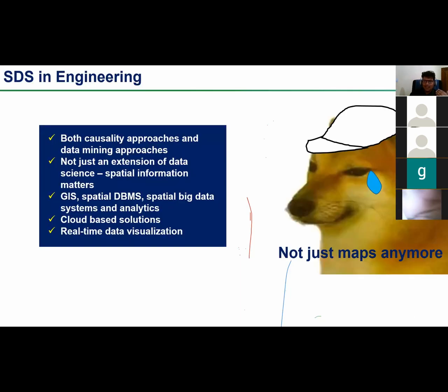So if you look closely, you can see that the current technologies are not just maps. They are not just map making, and they differ from simple map making to very high-end products. So you have to understand, first you should become good engineers. Second, you should harness your analytical skills.